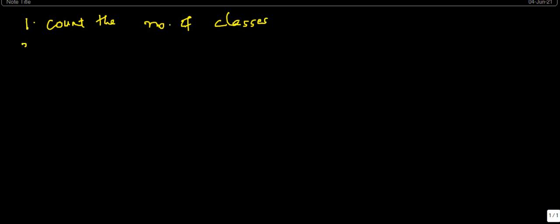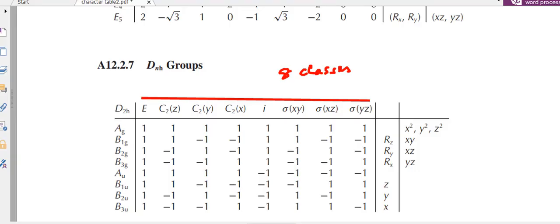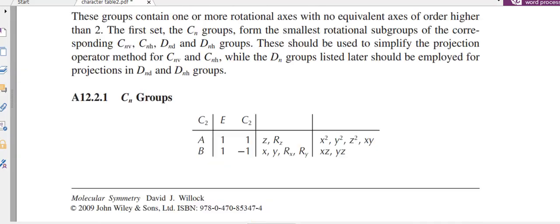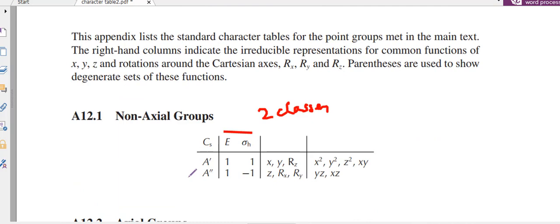Now I will tell you how to count the number of irreducible representations. If you take this character table, the irreducible representations here are A dash and A double dash. So you have 2 irreducible representations.